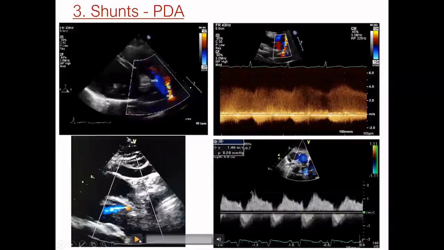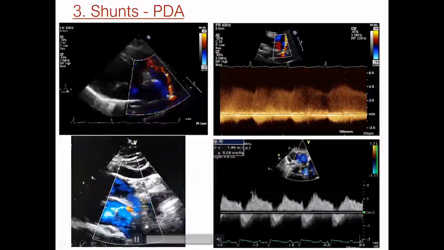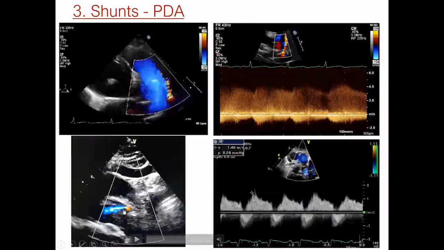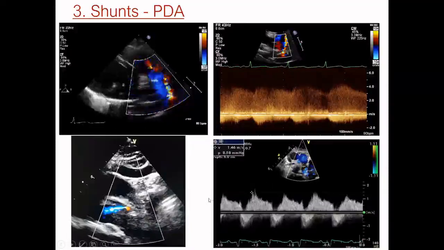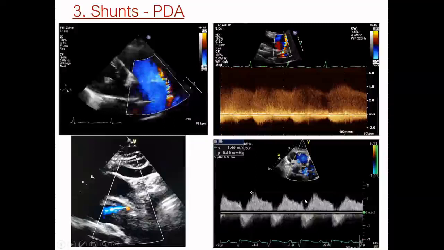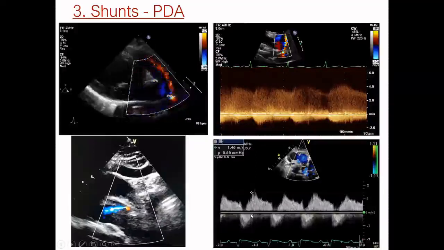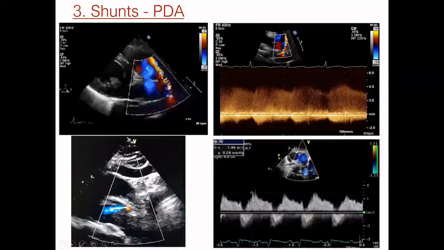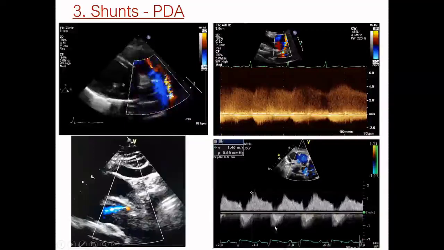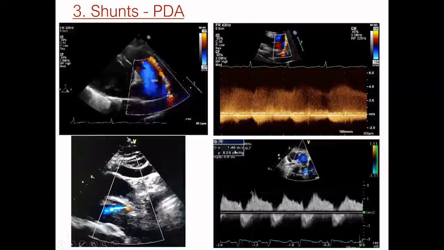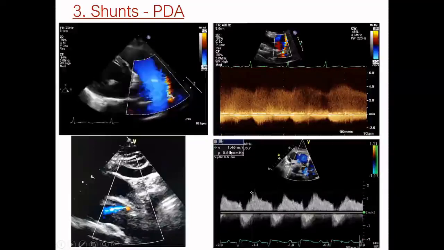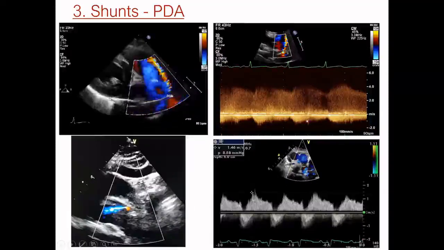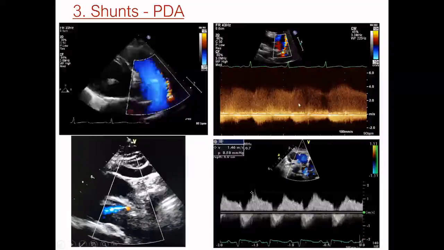And then we can see that this is the descending aorta, and then there's a continuous shunt through into the pulmonary artery. And then this is a typical patent ductus arteriosus continuous Doppler, but for a non-restrictive PDA. The velocities are lower than 4 meters per second, so it's only 1.5 meters per second compared with restrictive PDA here.